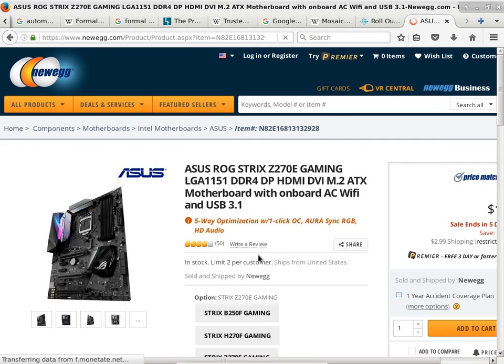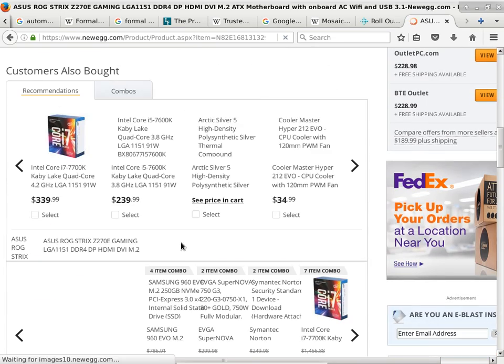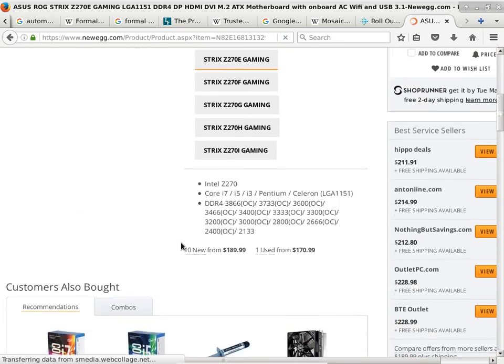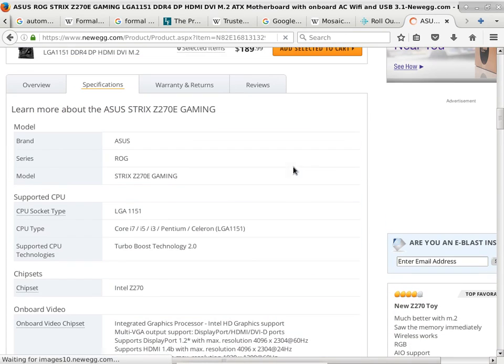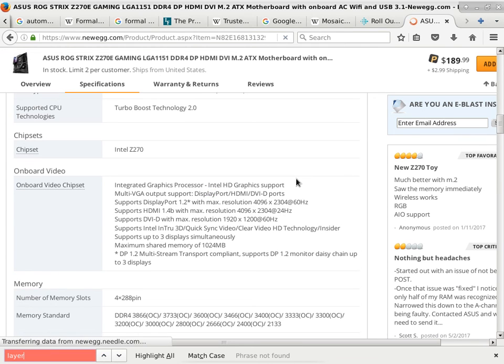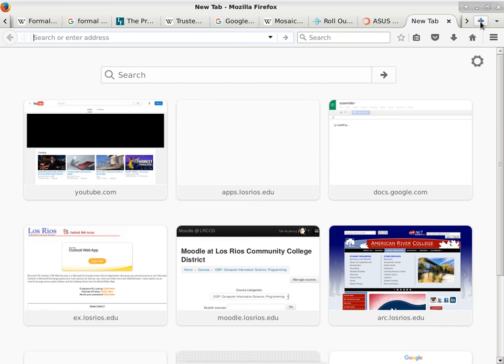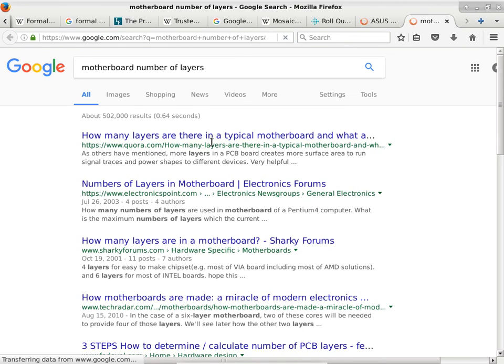View details. And in specifications, let me look for the term layers. Nope, doesn't say anything about that. Okay, motherboard number of layers. Pretty sure that's a question that people have asked.